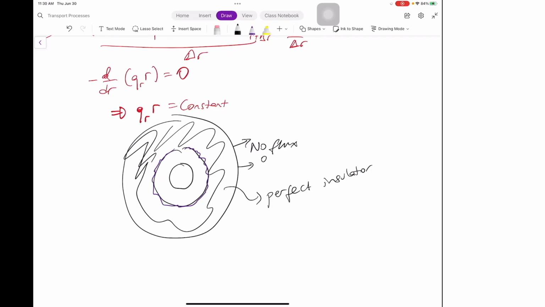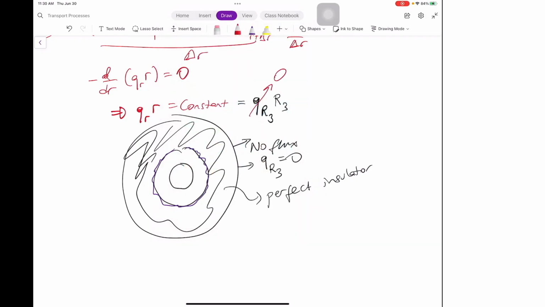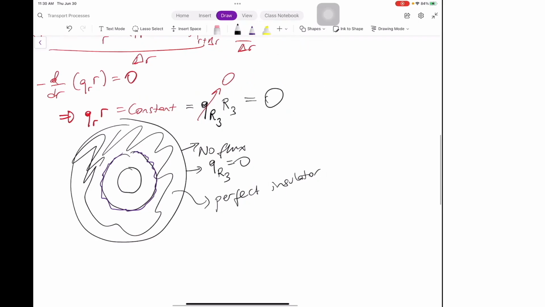That means Q at R is equal to R3 must be equal to 0. So this constant is equal to this evaluated at QR R3 times R3, right? And you know that this is 0. So that means this constant is 0. So it's not any constant, but it's 0. So basically the QR is 0 everywhere.